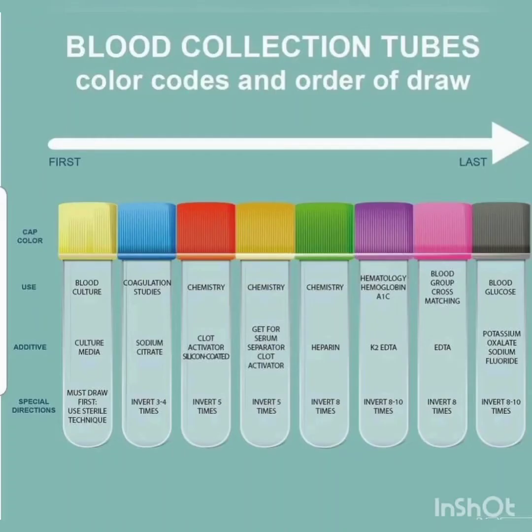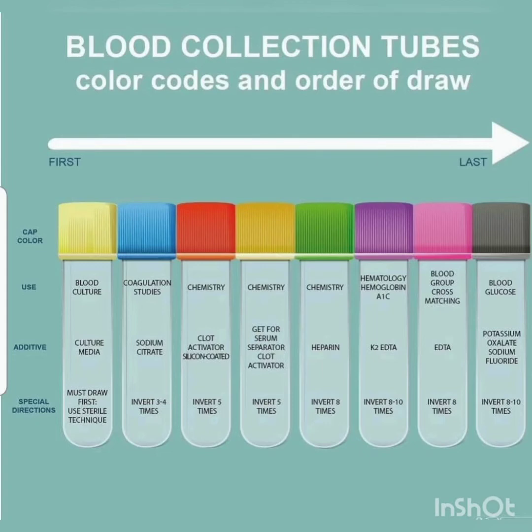Okay friends, so this is your basic knowledge regarding the order of draw. First you have learned order of draw. Second, why we are collecting a specific sample in a specific container, and what the additives are helpful in. Now we are going to study the mixing of a sample.